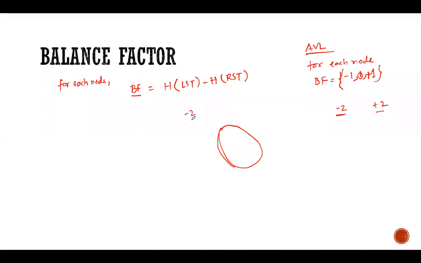If the balance factor is -2, that means the right side is heavy. The left side is lighter and the right side is heavy. And if the balance factor is +2, the left side is heavy and the right side is lighter. So this is the term balance factor, and for deletion we have to consider the balance factor for each node.